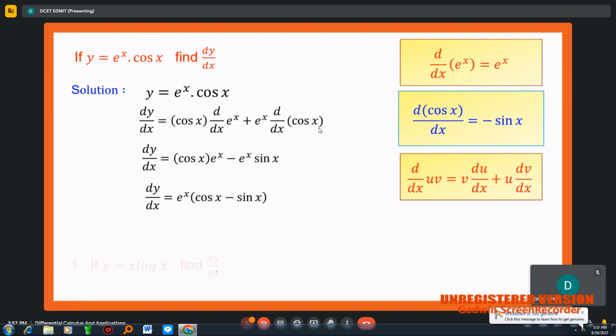Okay. Now try this problem and tell me the answer. If y equal to x log x, find dy by dx. Try this problem and tell me the answer.